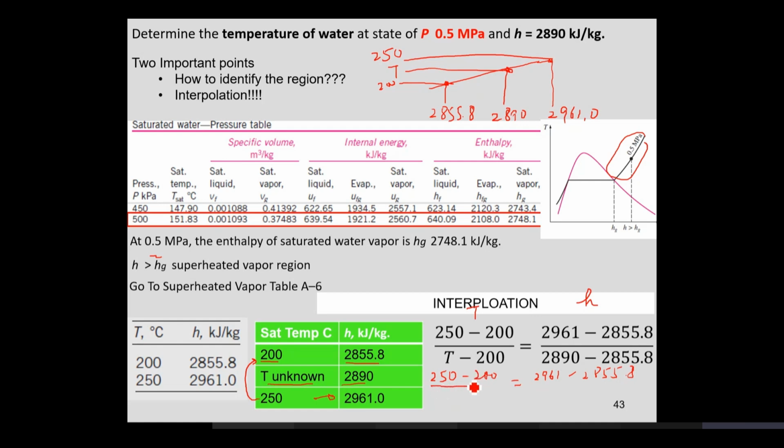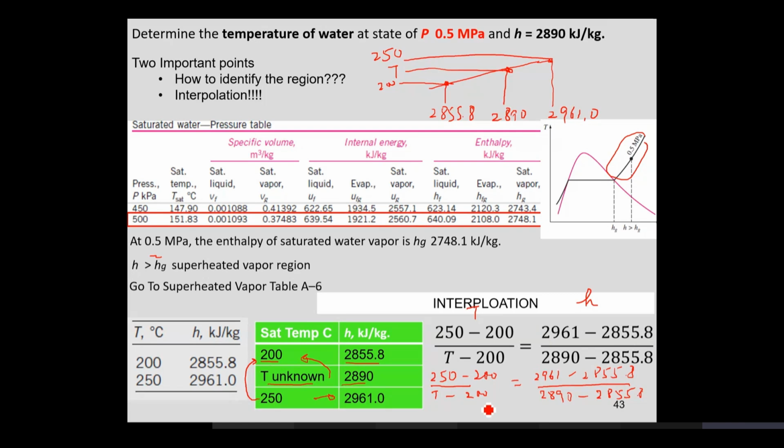And then I have divided by the temperature difference, which is T unknown minus 200, and similarly the enthalpy values corresponding to these two temperatures, which is 2890 minus 2855.8. This is simply taking the gradient, constructing that the gradient of the line is the same.